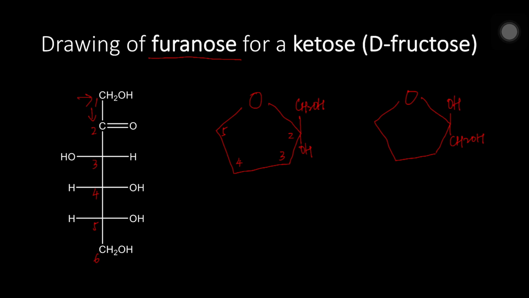The group on the left is up, the group on the right will be down. So you have up, down for carbon 3 and 4, an up OH and a down OH.